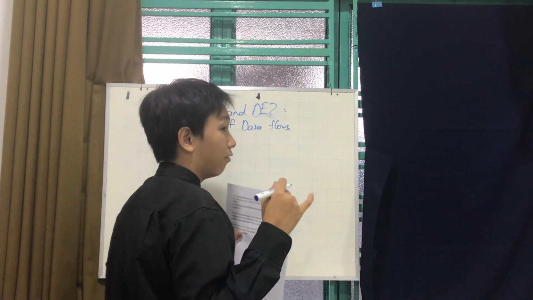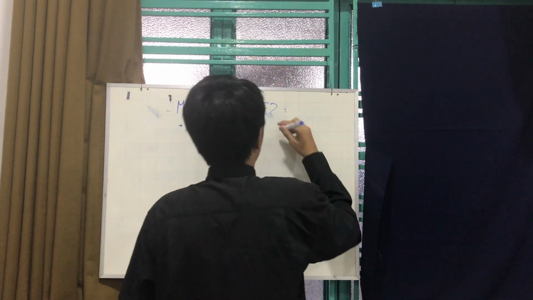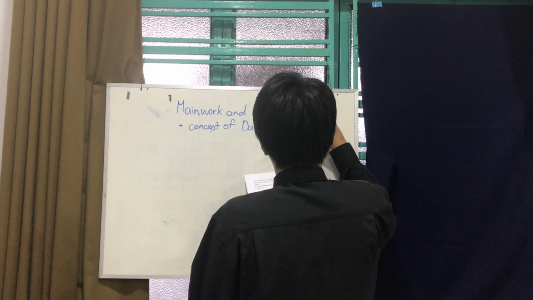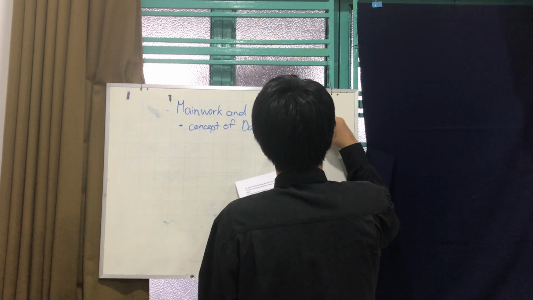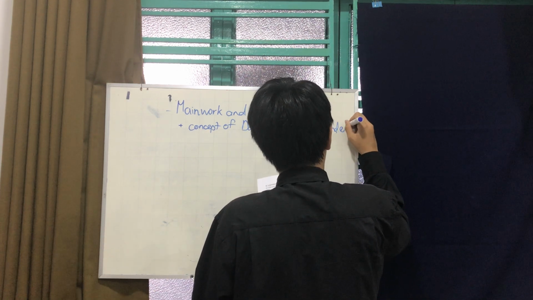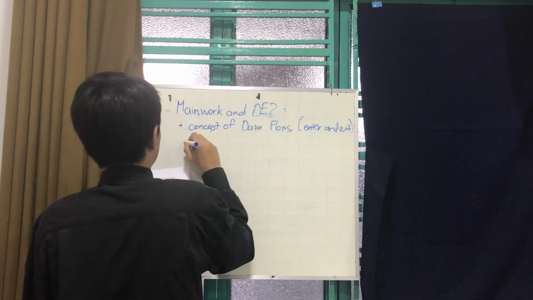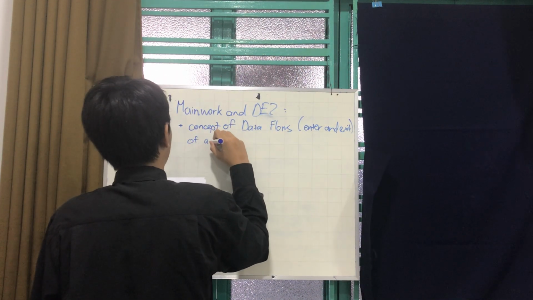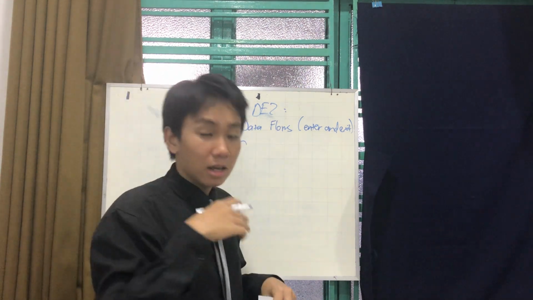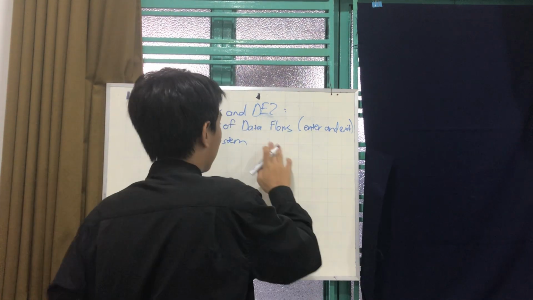So it's not data flow, it's data flows, but it's not data flows into and out of. Flows enter and exit of a system. So enter and exit is a component of data flows.